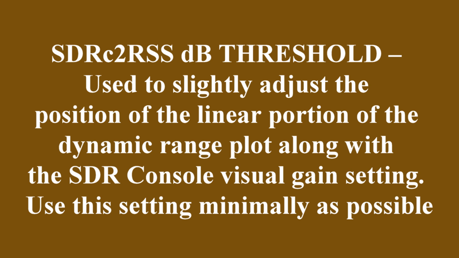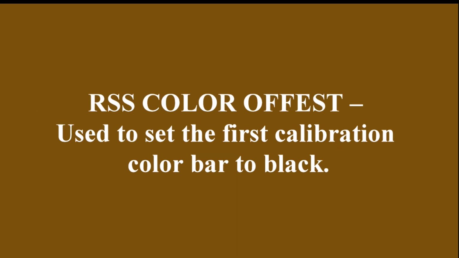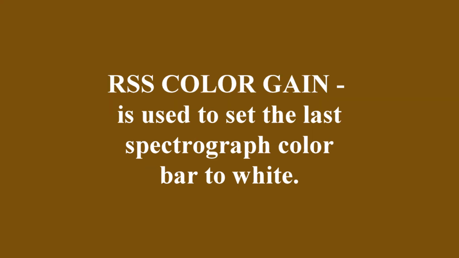The RSS color offset control is used to set the first calibration bar to black. The RSS color gain is used to set the last calibration color bar to white.